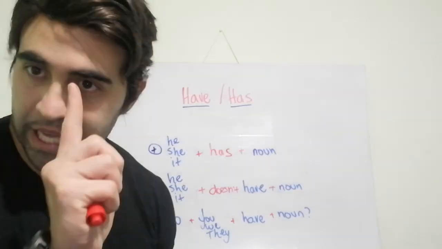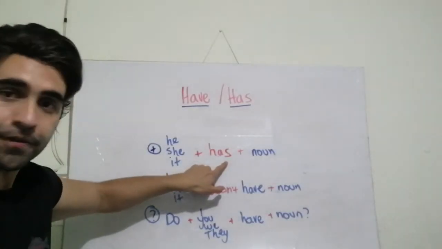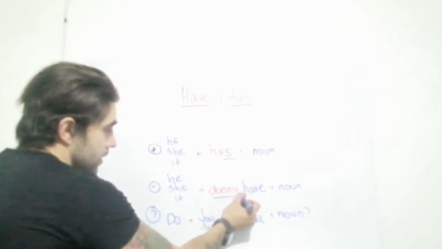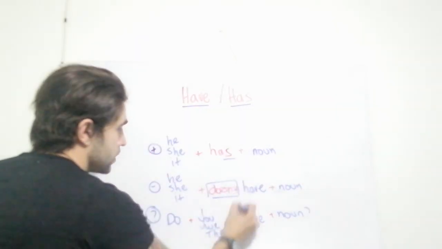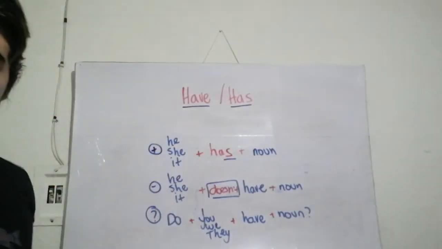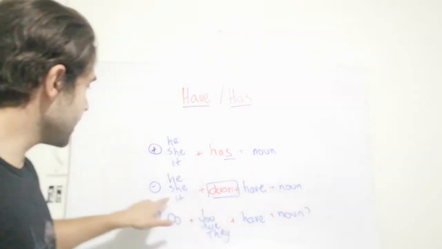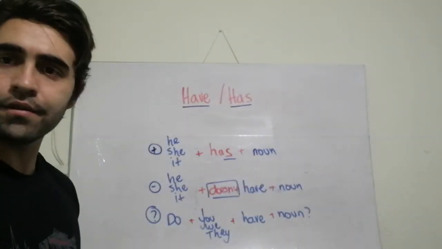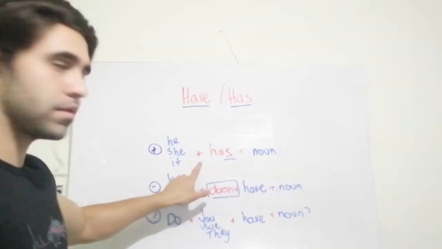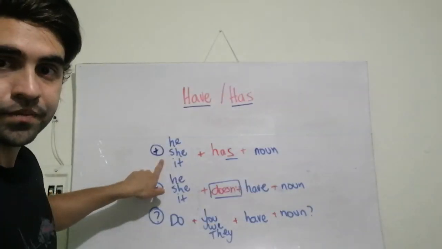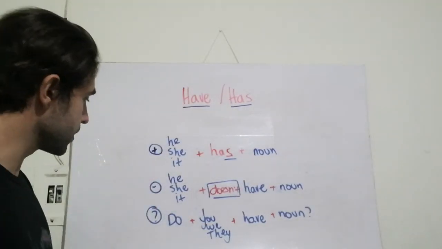Only pay attention. In the positive form, we use it with the s. But in the negative sentence, it's not necessary to use has because the auxiliary replaces the s. So it's not necessary to use has in the negative sentence. We use have, we use normal. Only we use it in the positive sentence with third person. Remember, he, she, and it.